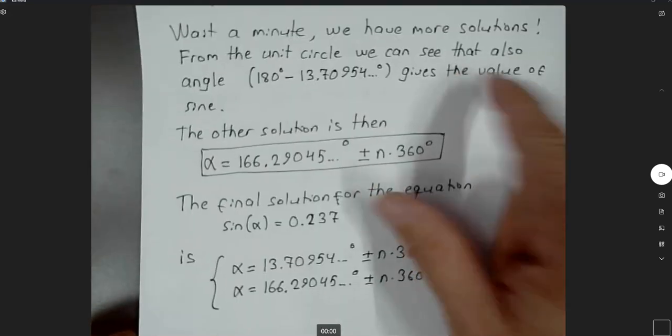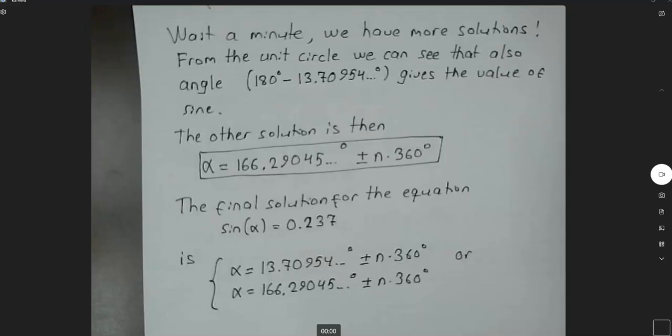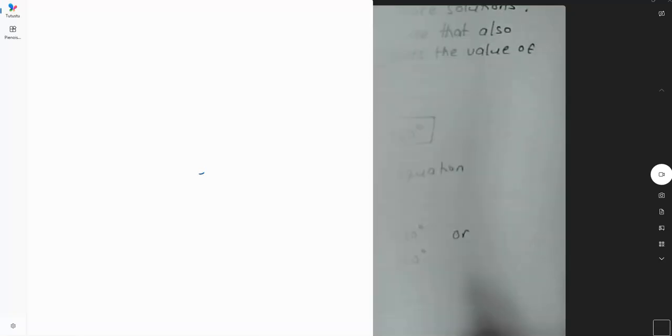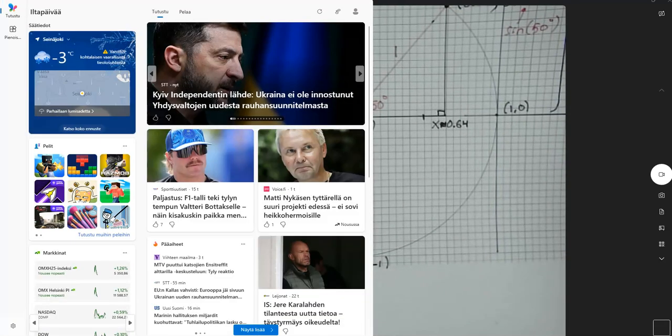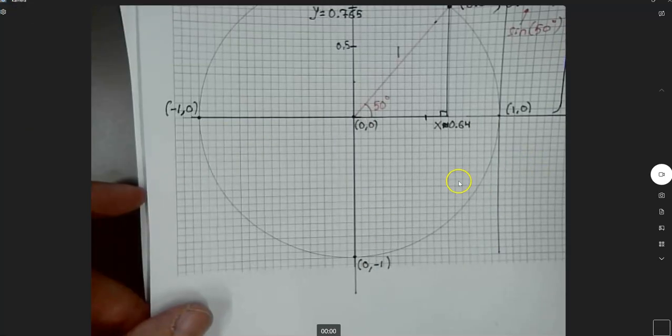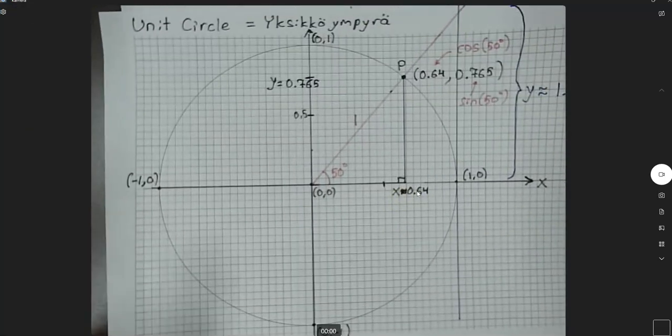We have more solutions there, and the reason for that was again this unit circle. Sorry that those don't belong to my lesson.